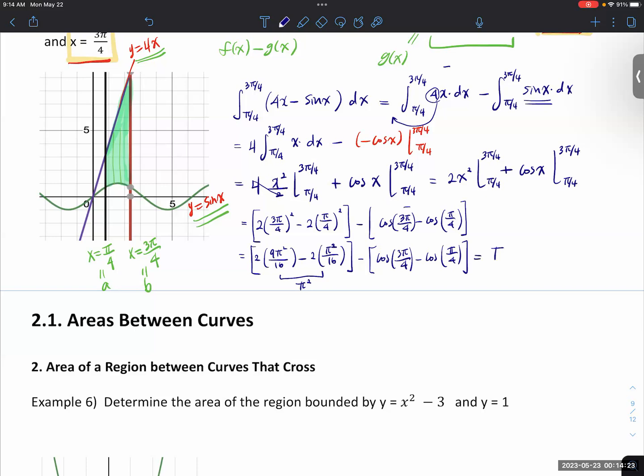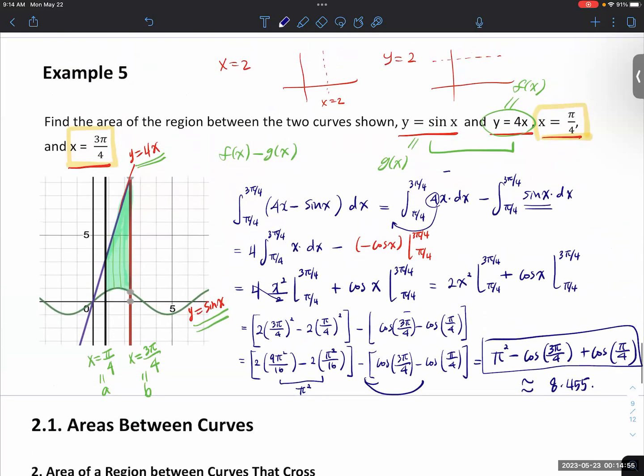So I'm going to rewrite it: pi squared minus, by the distributive property, cosine 3 pi over 4, double positive, plus cosine pi over 4. So now you can convert it to a decimal using your calculator, so that this is your simplified answer. And as a decimal, it would be around 8.455. So that's your answer for example 5.